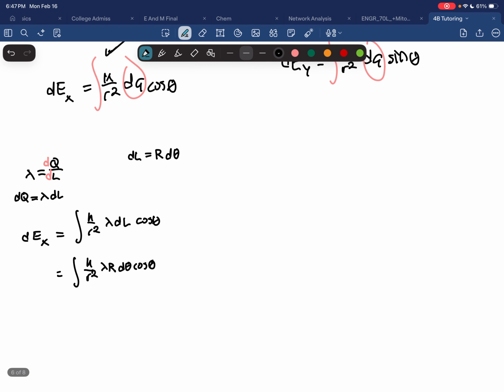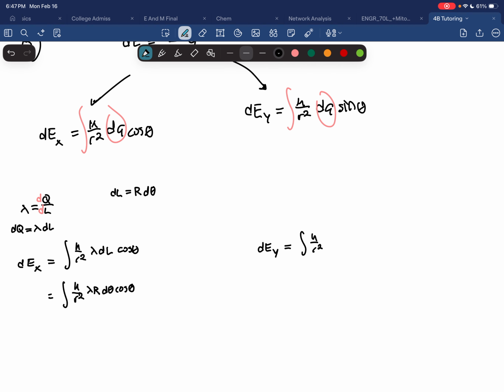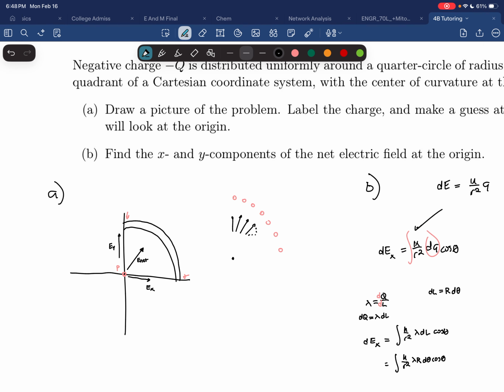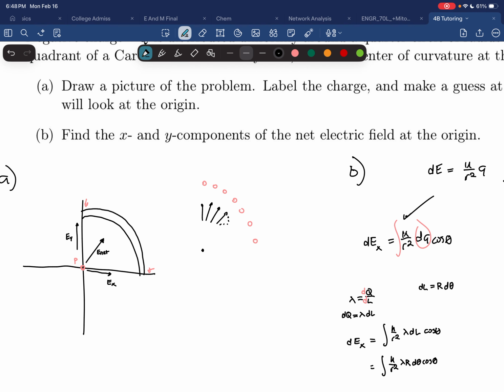And on this side, dE sub y is equal to the integral of k over r squared, and then writing the same thing, lambda r d theta, multiplied by sine of theta. And so now after substituting all these equations in, we can finally integrate this. And because we are integrating with respect to d theta, our bounds go from 0 to a quarter of a circle, or pi over 2.